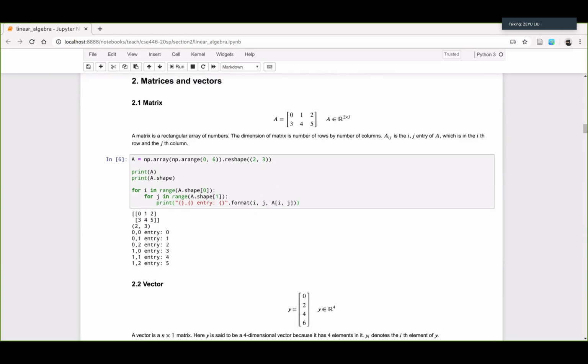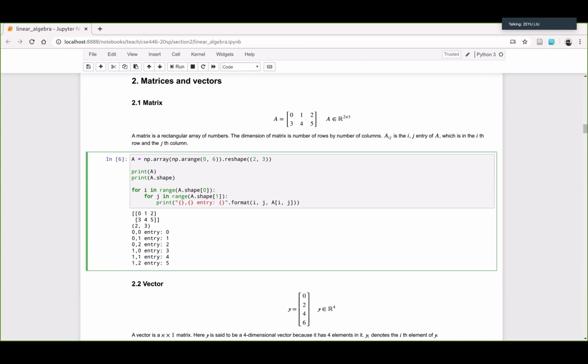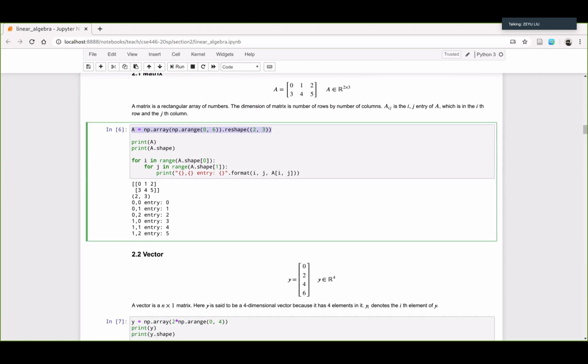Okay, we can go through the matrix. Mathematically a matrix is defined as a 2D or square array. It's just a bunch of numbers that you decided to put in a square way. This is one way to initialize an array matrix, and this is just how you would print it.